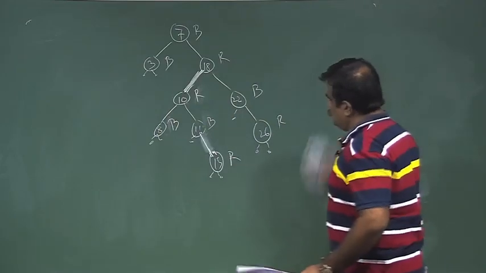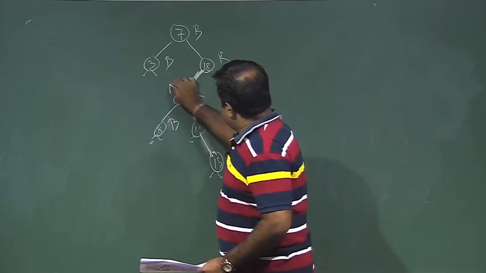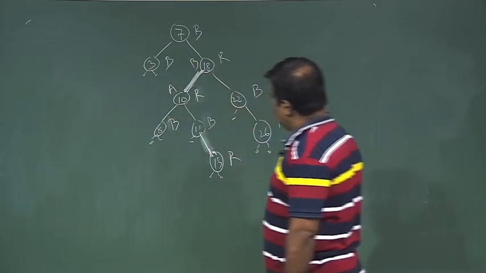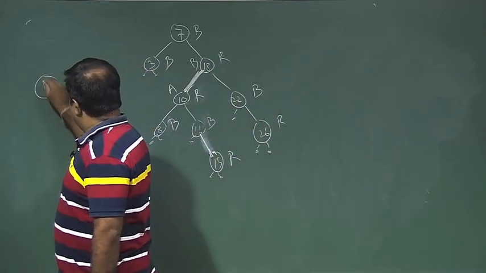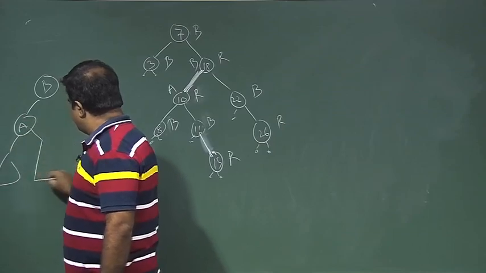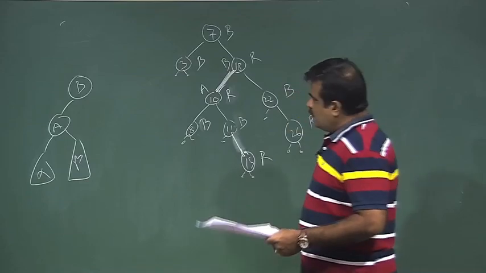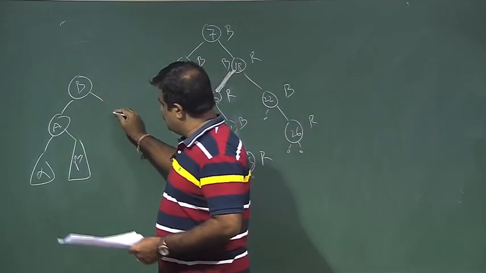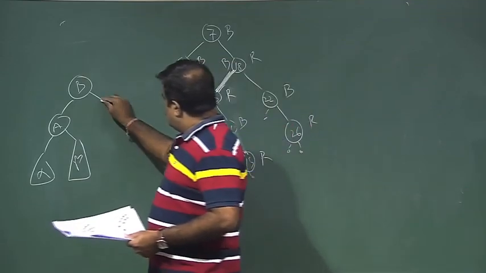So, what we do? This is A node, this is B node. If we recall, this is B node, this is A node, and we have a subtree rooted over here, alpha, beta, okay, and here we have gamma.